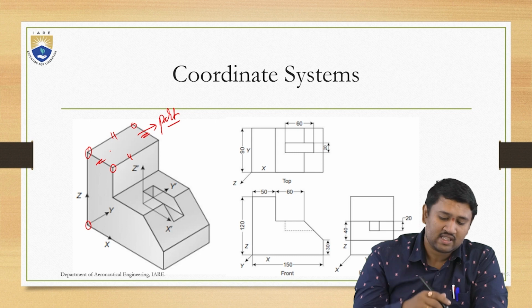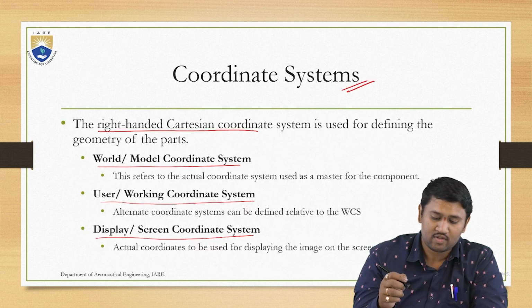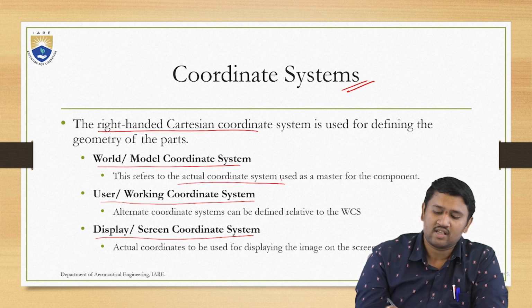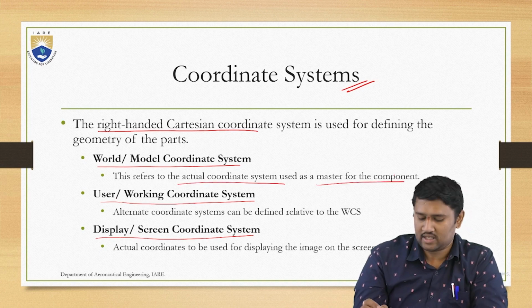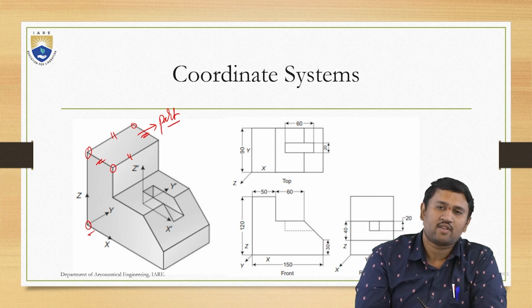Now this system is called your world coordinate system. To be precise, it is an actual coordinate system used as a master for the component. This master coordinate system will not change with respect to any of the other coordinate systems or any of the geometry. It remains the same irrespective of the geometry that you create.